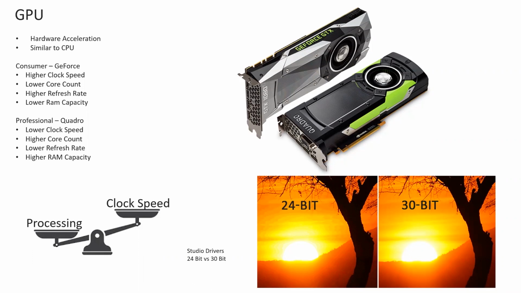If you look down here on the bottom right, the 24-bit and 30-bit, that 30-bit color was locked completely out of the GeForce cards. With the GeForce cards, you could not get 30-bit color, which was up to 1 billion shades. And if you look, that's really one of the reasons that artists and media and entertainment people had to buy a Quadro card, because if you did not have a Quadro card, you couldn't get 30-bit color.